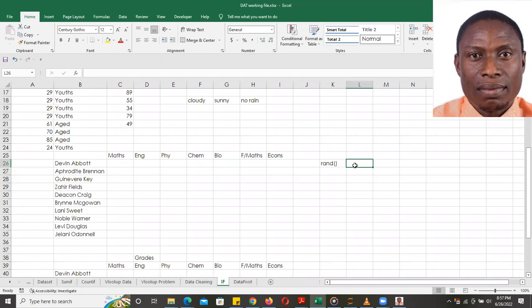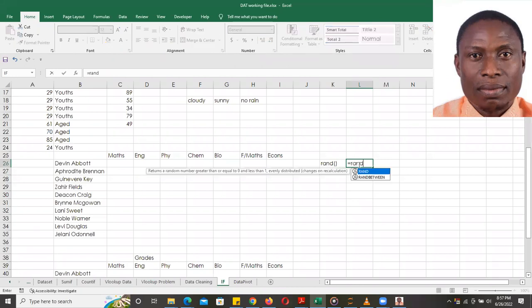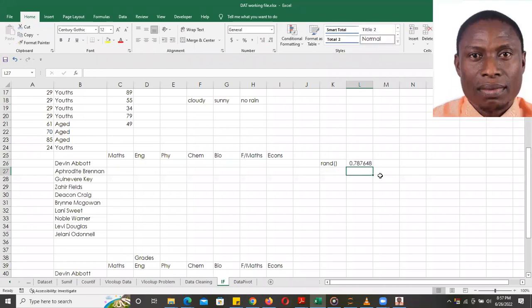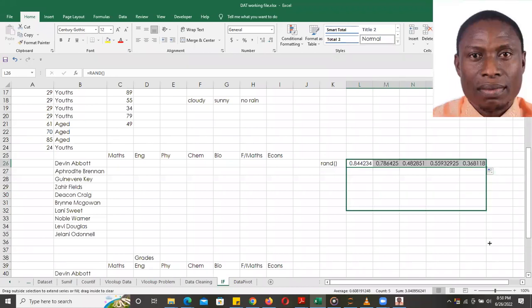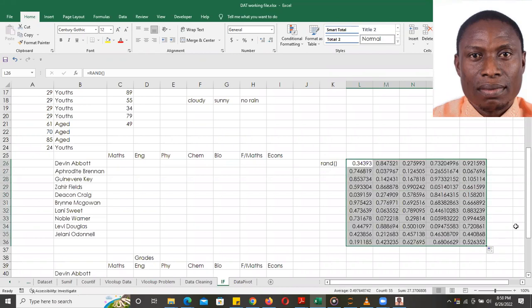This is how you are going to use the RAND. Equals RAND, then you close the bracket. Then if you drag it down, you can see it's going to generate random numbers for you between 0 and 1.